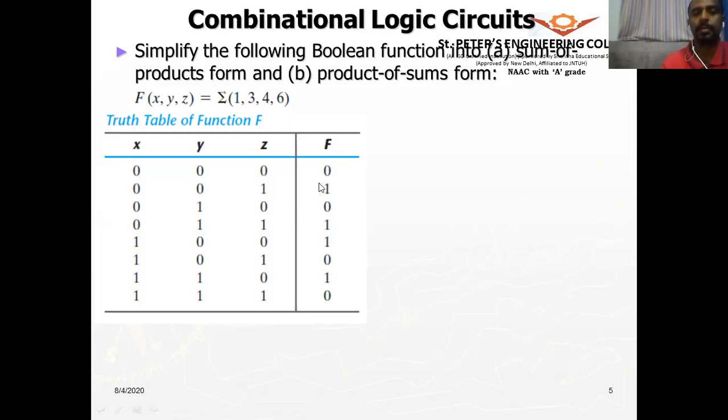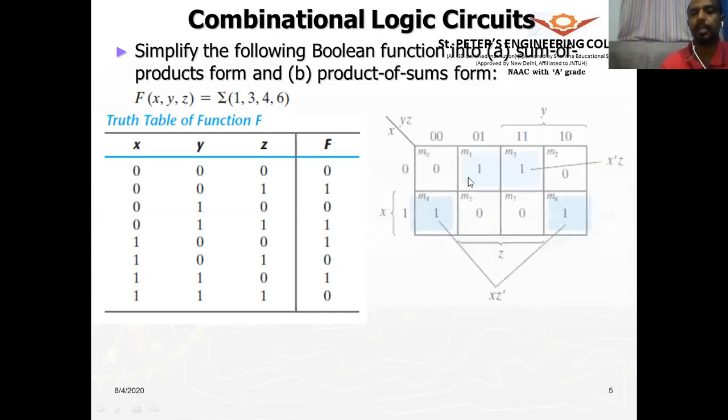As I said, the corner map is a pictorial representation of the truth table. So here M1 is 0, 0, 1, M1, M3, M4 and M6. So these are the combinations for which F is 1.